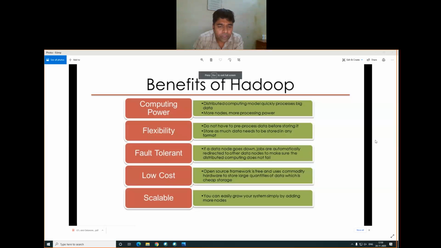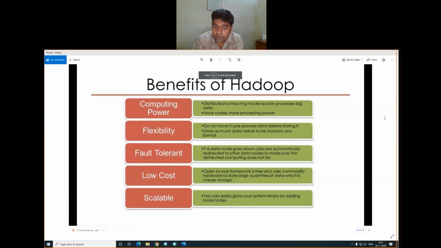Next, we have a low cost solution provided by Hadoop, because the open source framework is free and uses commodity hardware to store large quantities of data, which is cheap storage.